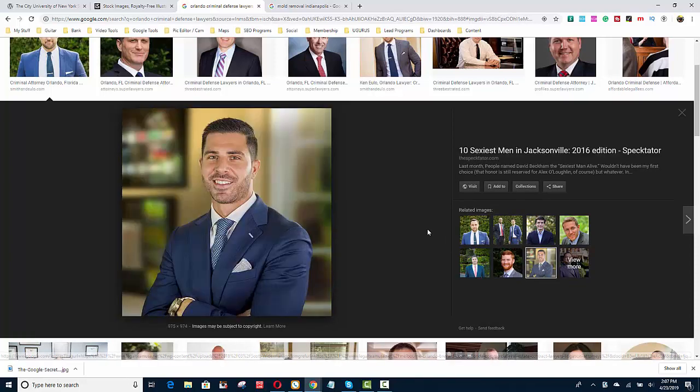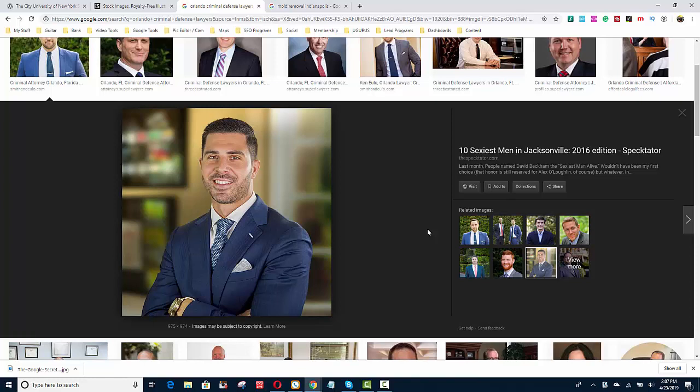So if I was building a lawyer site, what pictures would I use? I would probably use a Caucasian man for this keyword with short hair and a light beard. Google recognizes that picture as being an Orlando criminal defense lawyer.